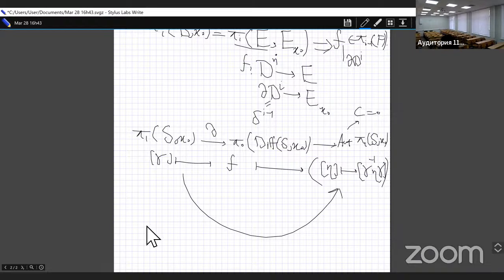Hold on. So gamma goes to f, and f goes to pi mod of diff. Maybe it was better to write the image of this, because I'm not defining it on all the maps. I'm defining this on the image of delta.